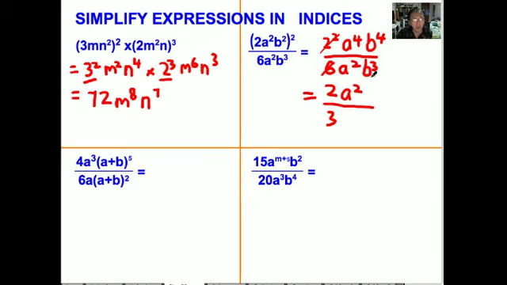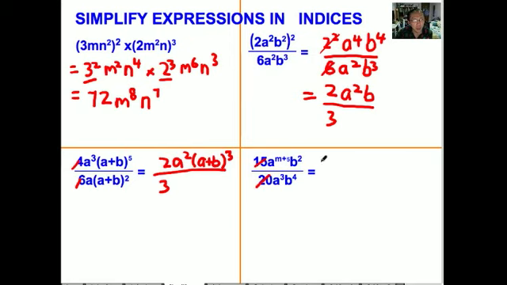And b to the power of 4 cancels with b cubed, giving us b in the numerator. In the next example, we first cancel the 4 and 6 to give us 2/3. And then we cancel a cubed and a to give us a squared. (a plus b) to the power of 5 cancels with (a plus b) to the power of 2, giving us (a plus b) to the power of 3.